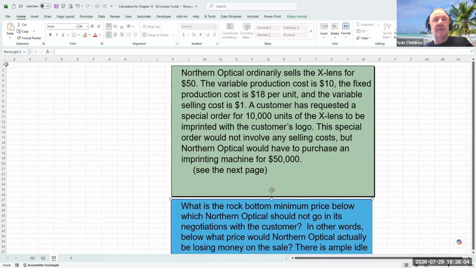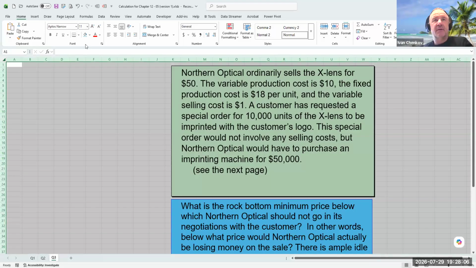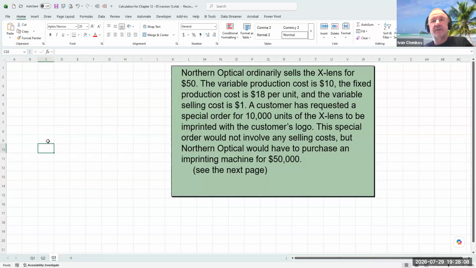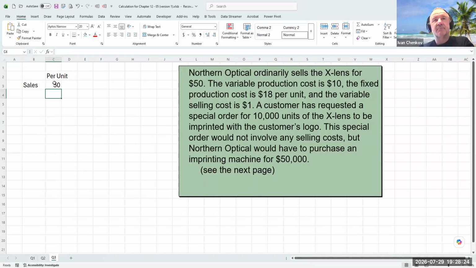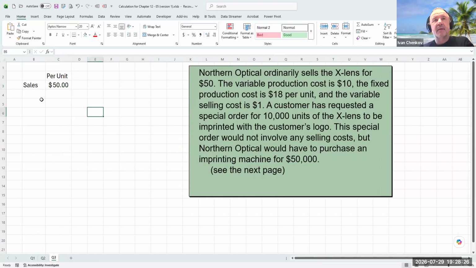Which is right here. Now, let's see quickly what this company is doing and what they're selling. First, the sales price for 1 unit is $50 per unit. That's how much they're selling this product, $50 per unit.